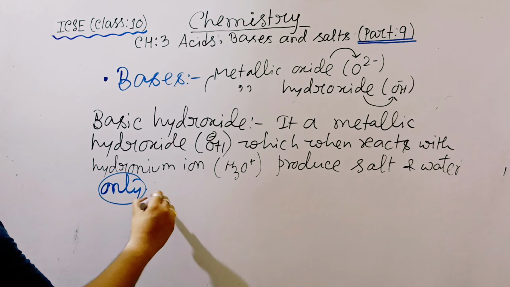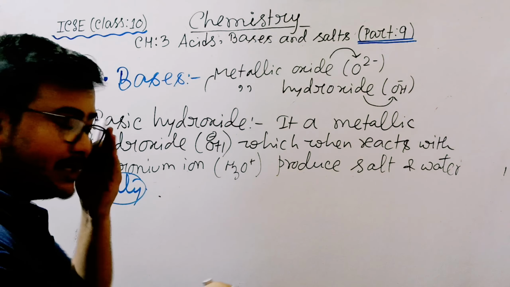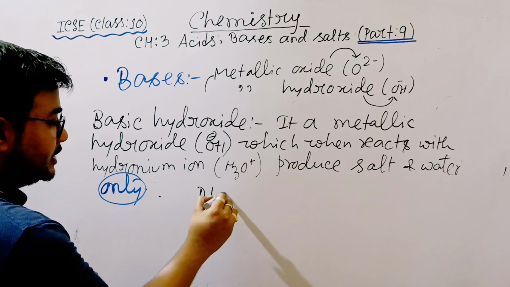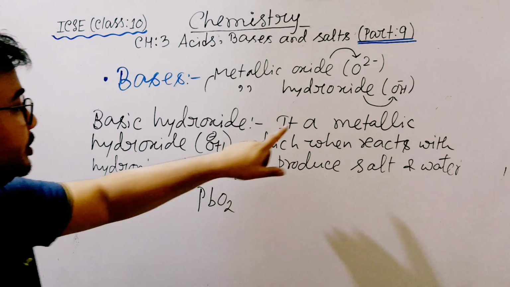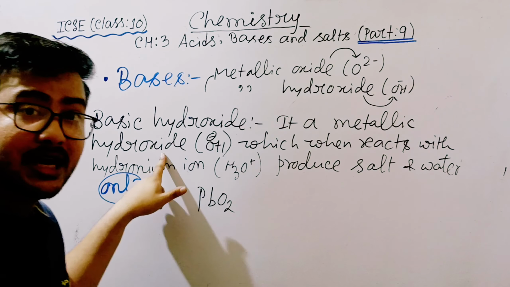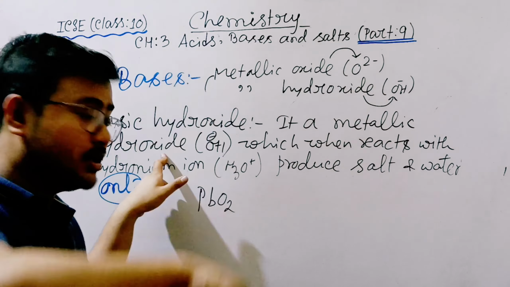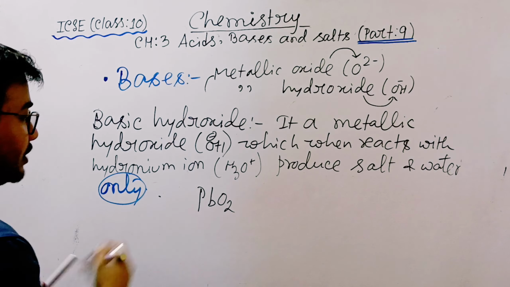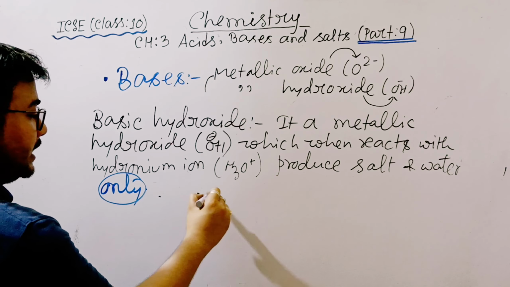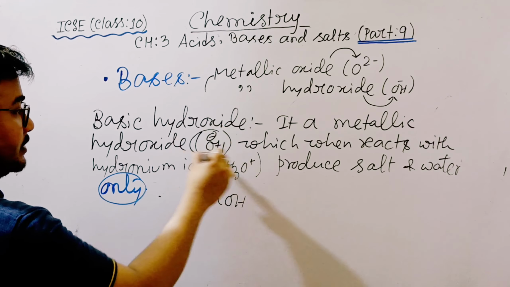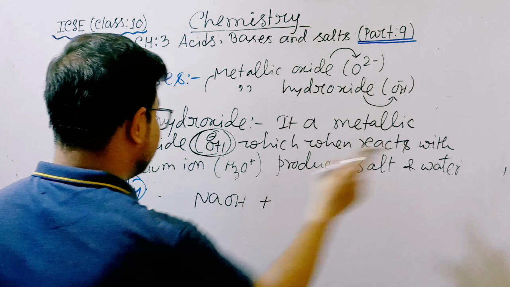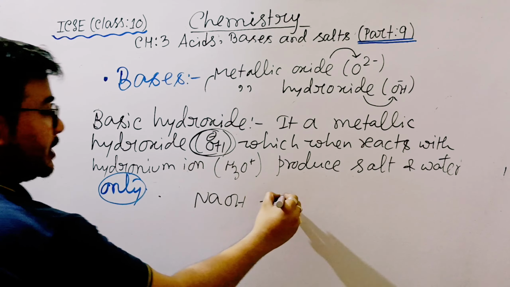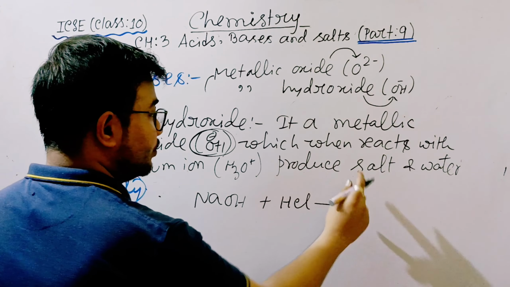If I give an example, see, in the previous case we took lead oxide, but here we cannot. Why? Because here it is metallic hydroxide, in the previous case metallic oxide. Hydroxide means, suppose NaOH, hydroxide means OH. So take NaOH, which when reacts with hydronium ion means acid, HCl, produce what?